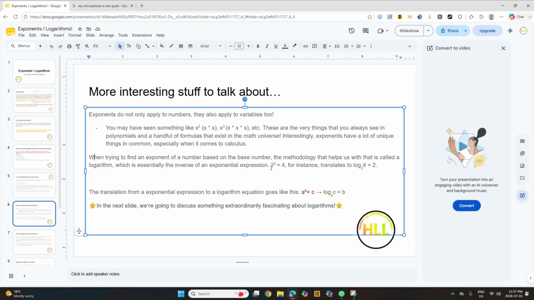For example, 2 to the power of 2 equals 4 equates to logarithm base 2 of 4 equals 2. So what logarithms actually do is fetch the exponent of a number you're trying to find, based on the number that you input.